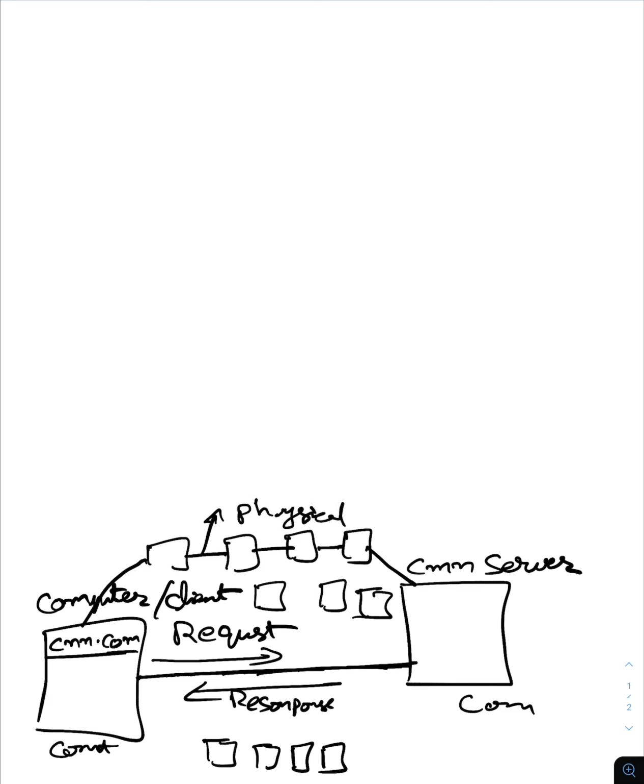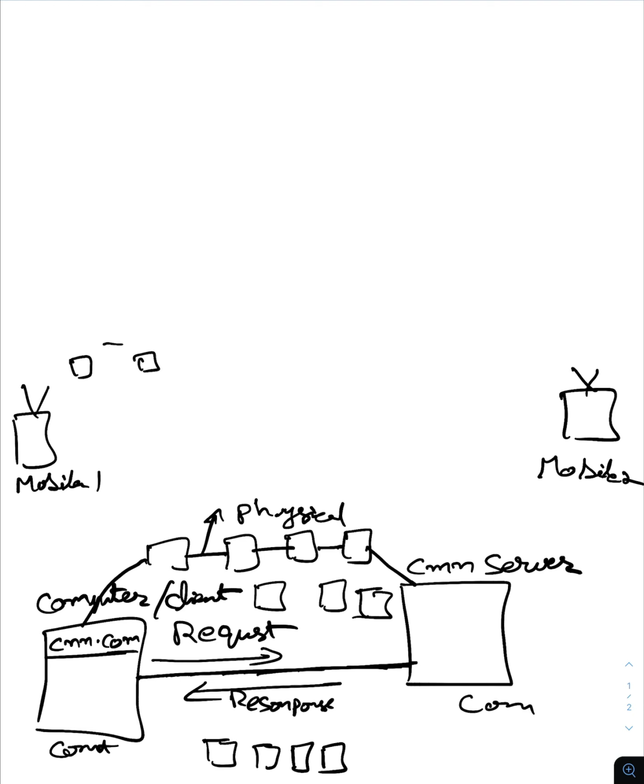The same way, you have your mobile device. It's mobile 1, and you're talking to your friend on the other mobile. This is your mobile 2. And in the same way, this is called voice over LTE, voice over IP. It's the same data packets. You send data packets and they send data packets, their response.